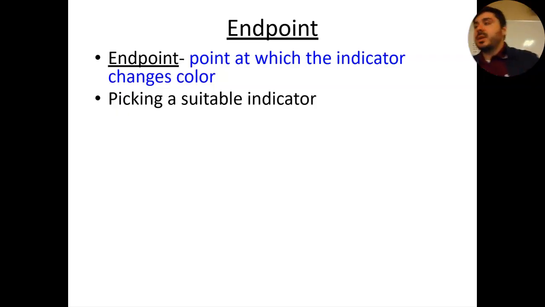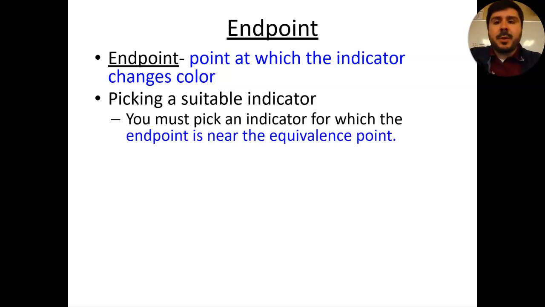Now, how is it that, specifically for our titration lab that we're doing in class right now, why is it we use our phenolphthalein indicator specifically for this lab and not something like methyl orange or bromocresol green or any of the other funky named indicators on Table M there? Well, again, it's incredibly important to make sure you pick an indicator for which the equivalence point is right near the end point.